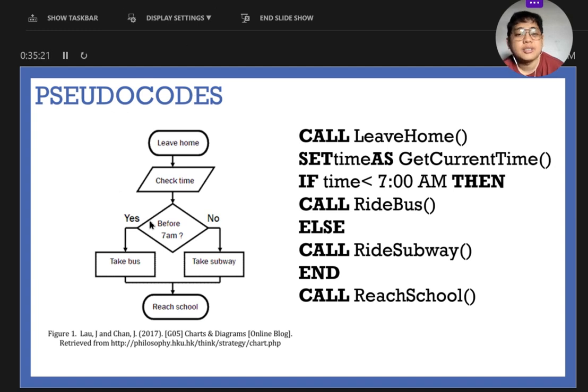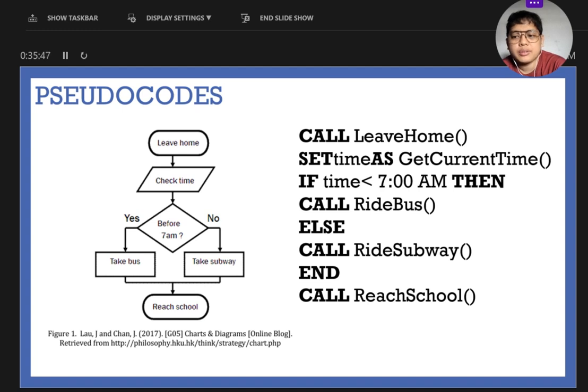Remember that in the sample flowchart, the problem being solved is how to reach school in the most efficient and travel-wise method. Following this flowchart, we will have this as its pseudocode equivalent.